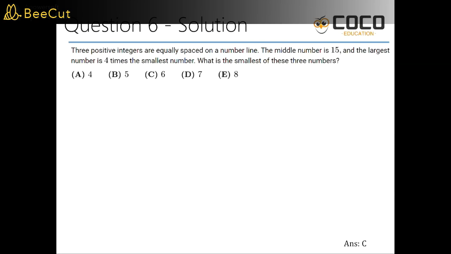Question 6. There are 3 positive integers. They are equally spaced on a number line. The middle number is 15. The largest number is 4 times the smallest number. So let's say the smallest number is 1u. The largest is 4u.